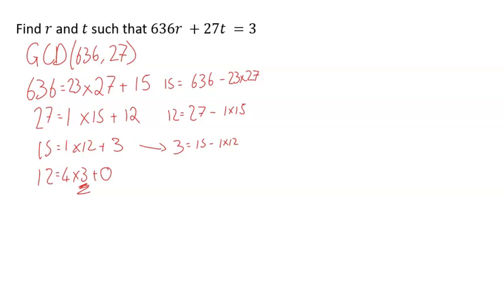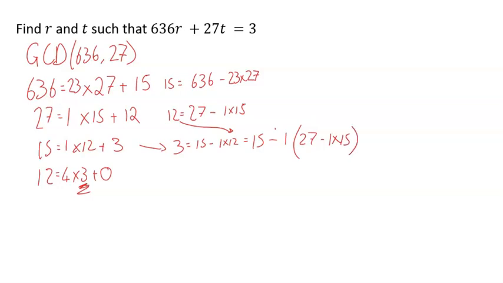Well, first thing I'm going to do is I'm going to take the value for 12 and I'm going to stick it into here. So I can then say fine, so I know then that 15 take away 1 bracket 27 take away 1 times 15 is given by that.